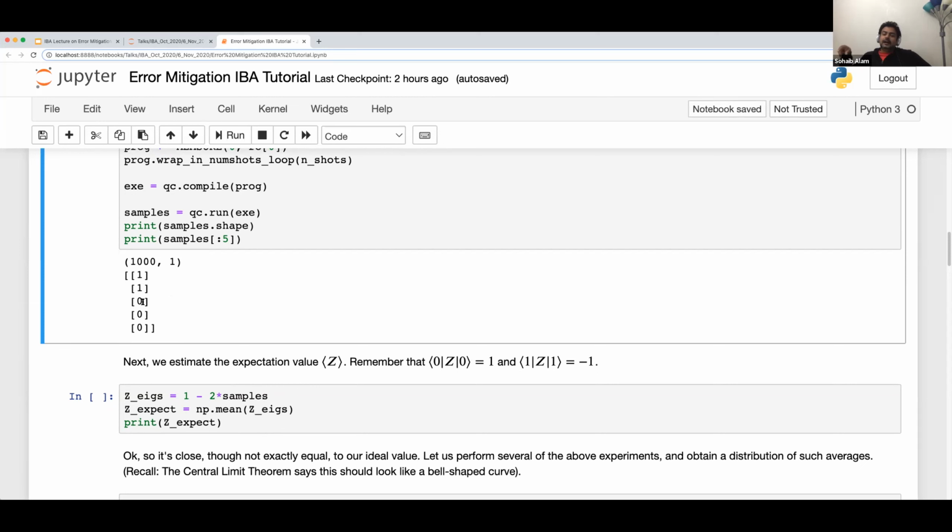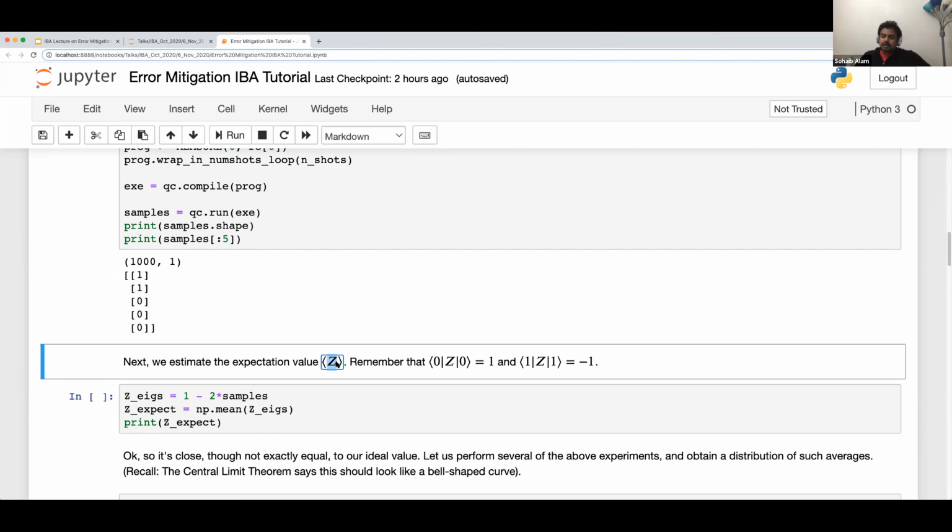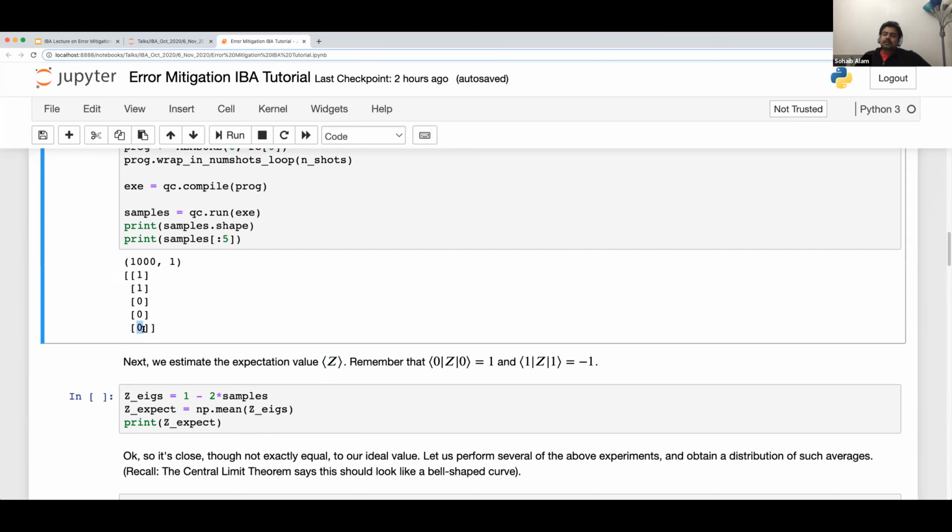So I need a way to map these: this observable takes on the value 1 on the bit 0, and the value -1 on the bit 1.